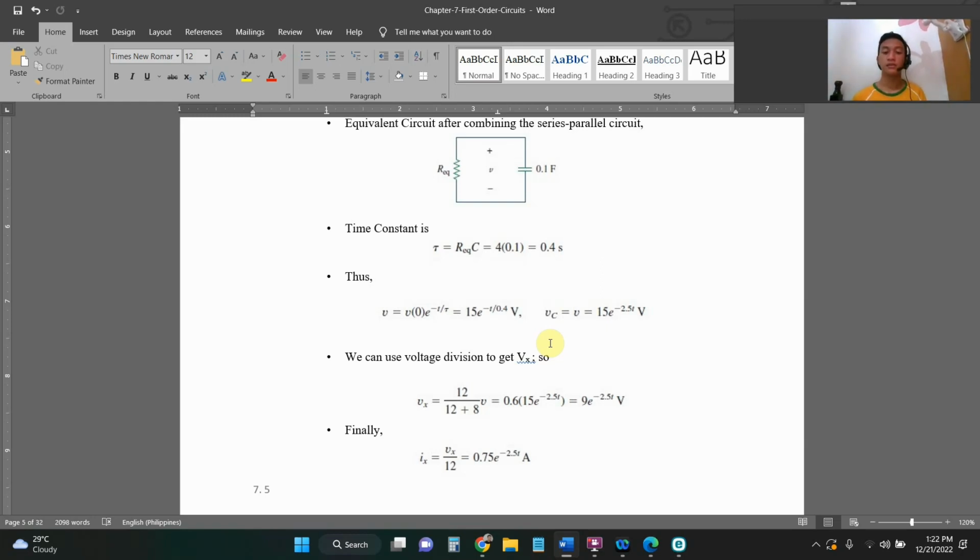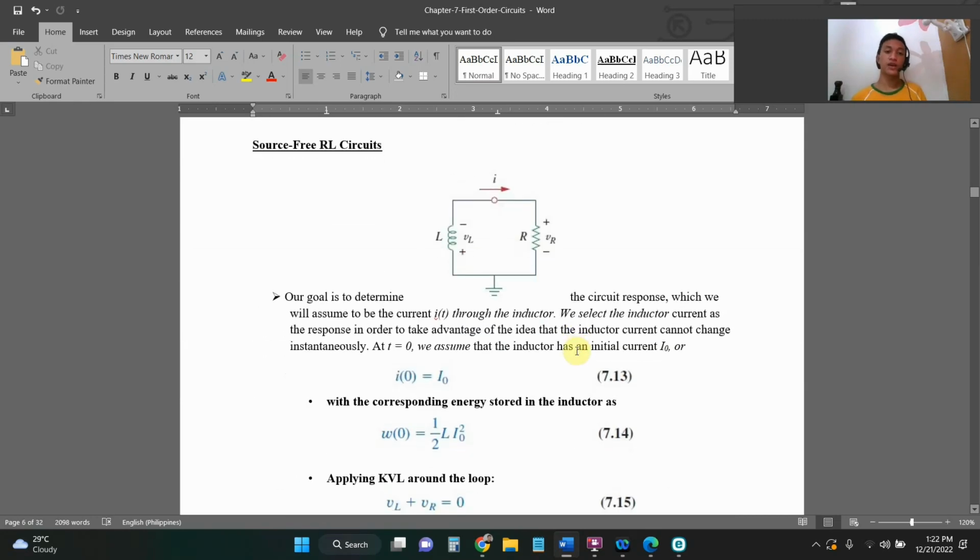Finally, since I is equal to V over R, I sub x is equal to V sub x over R. With R as 12, we divide 9 e raised to negative 2.5 t by 12, and we get 0.75 e raised to negative 2.5 t.